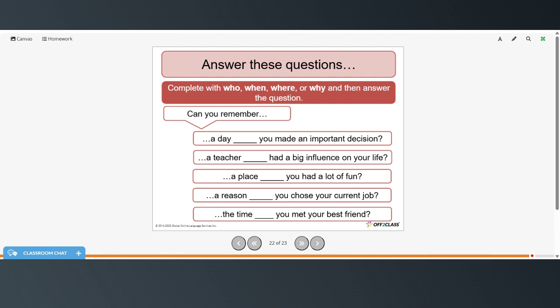So now complete these sentences with who, when, or why. And then, if you'd like to generate some conversation, go ahead and answer the questions in the comments. So it says, can you remember a day on which you made, oh, sorry, we're supposed to use when.